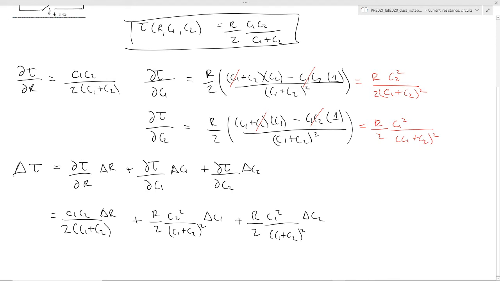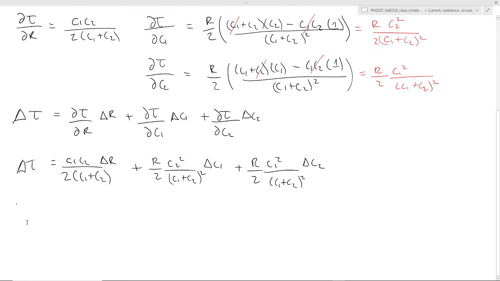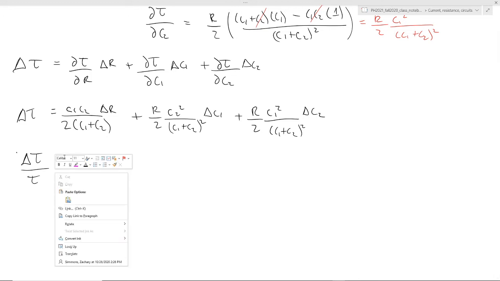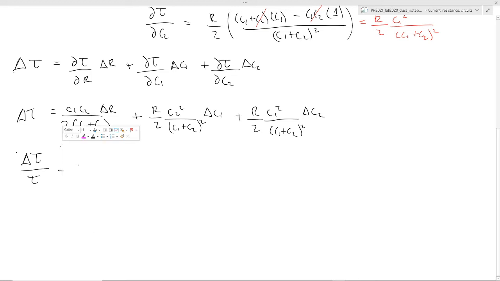And then generally what we do is this is telling you the uncertainty in tau. It's convenient to express this as a relative uncertainty. So in other words, if we divide by tau, what we would need to do is divide our terms by the original function. And so recall the original function was R over 2, the product over the sum.